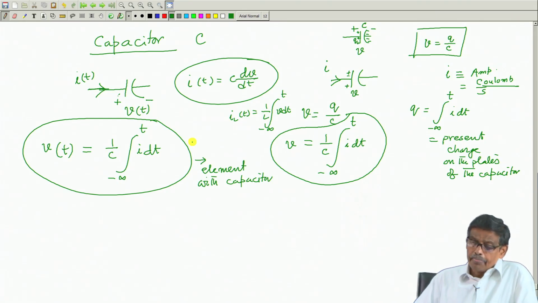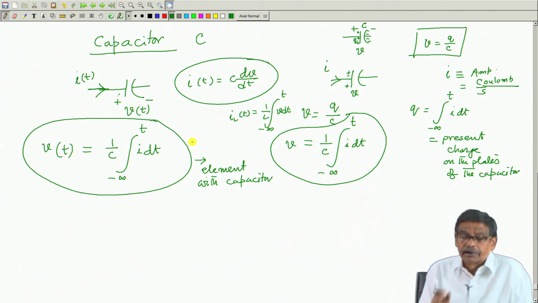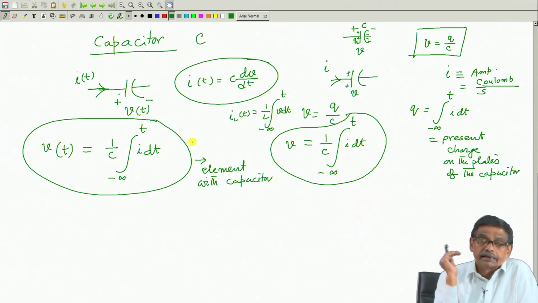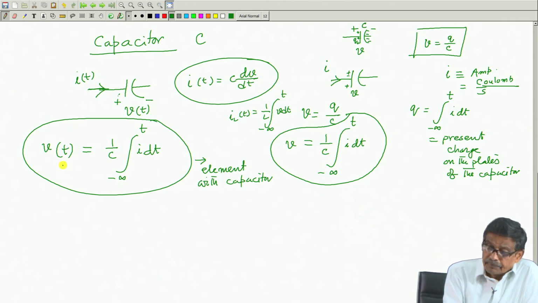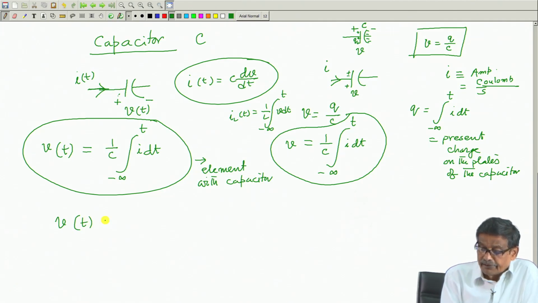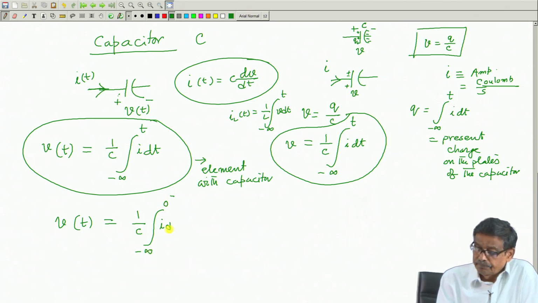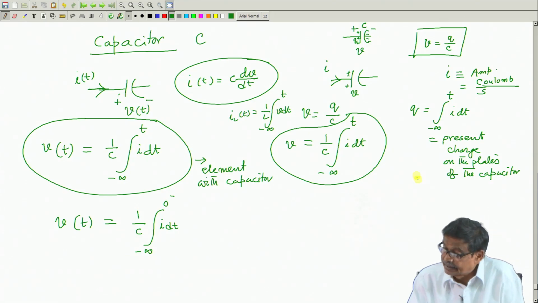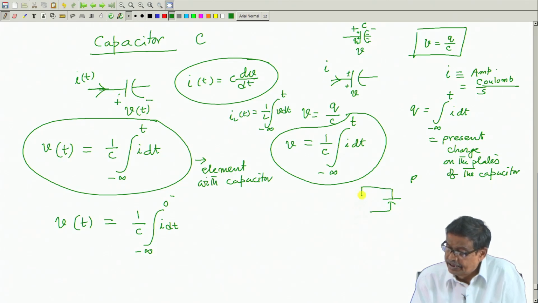Accha. Then I will do exactly what I did for the inductor. For example, the voltage across this capacitor, I will write in 3 pieces, like 1 by C, minus infinity to 0 minus, I dt. So, what is the circuit here? Circuit means here is a capacitor and we are feeding it from a time varying current source.